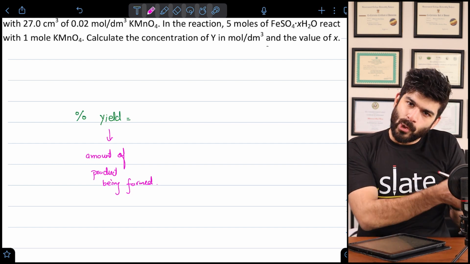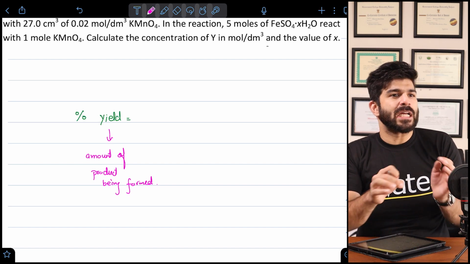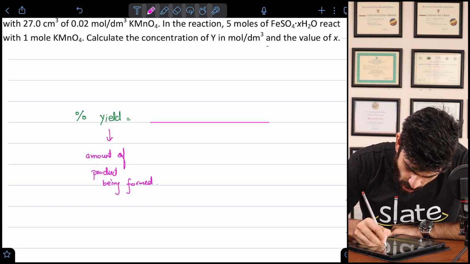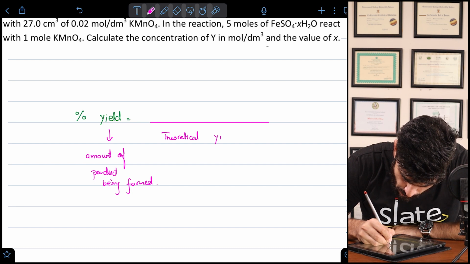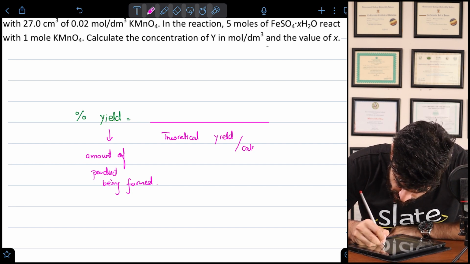When we calculate something through molar ratio, through values, that gives us our theoretical yield, or sometimes we call it calculated yield.